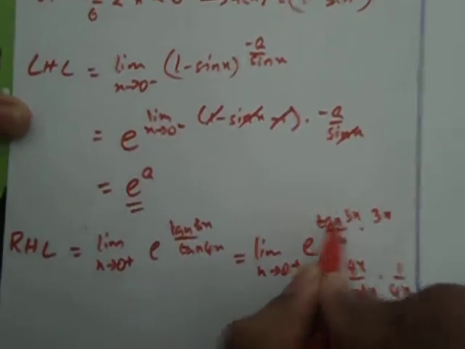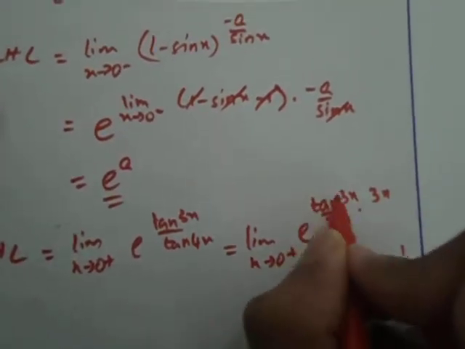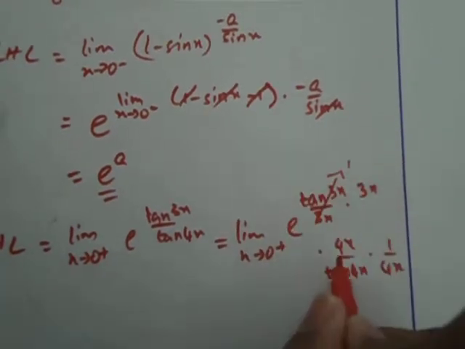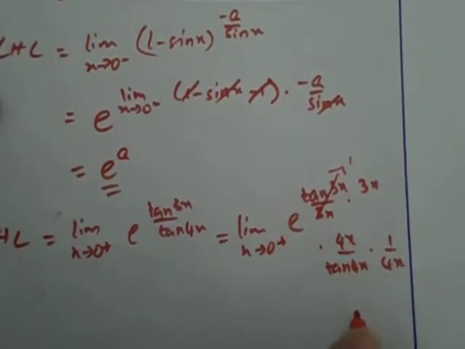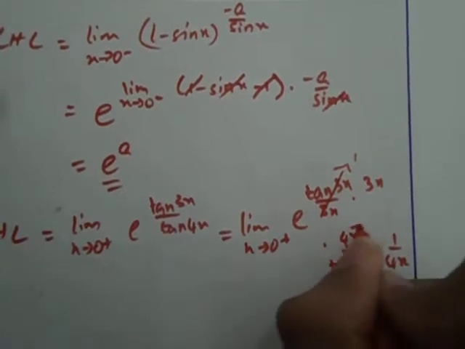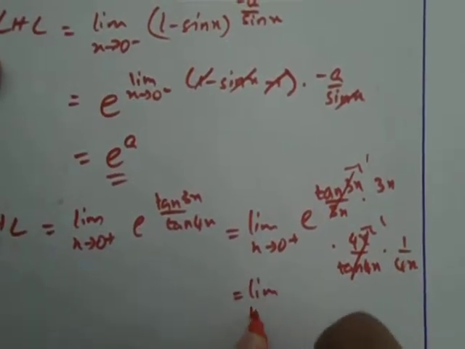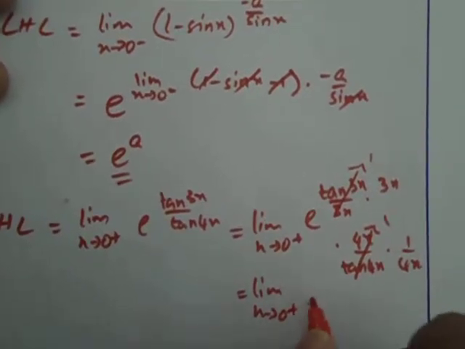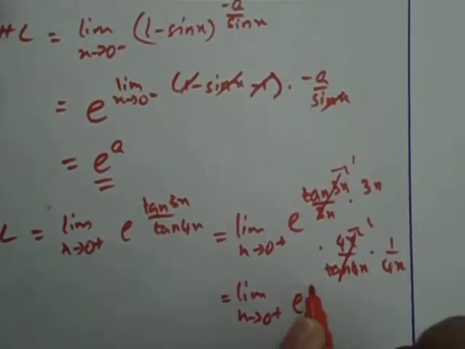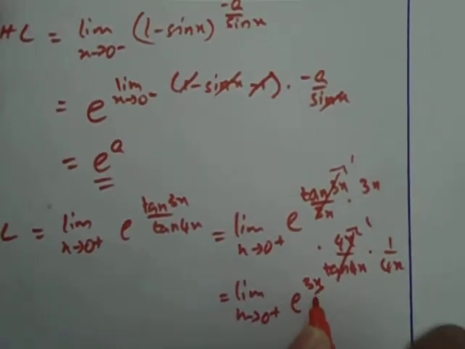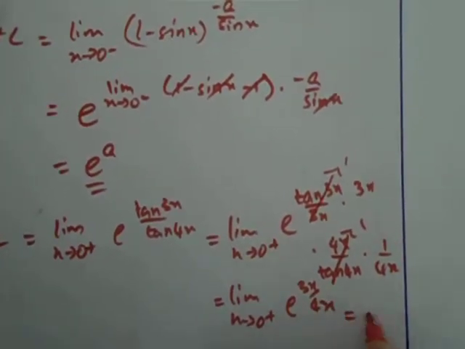We know that tan 3x by 3x when x tends to 0 becomes 1, and 4x by tan 4x is the same thing, that also becomes 1. So we are left with limit x tends to 0 plus e power 3x by 4x becomes 3 by 4.